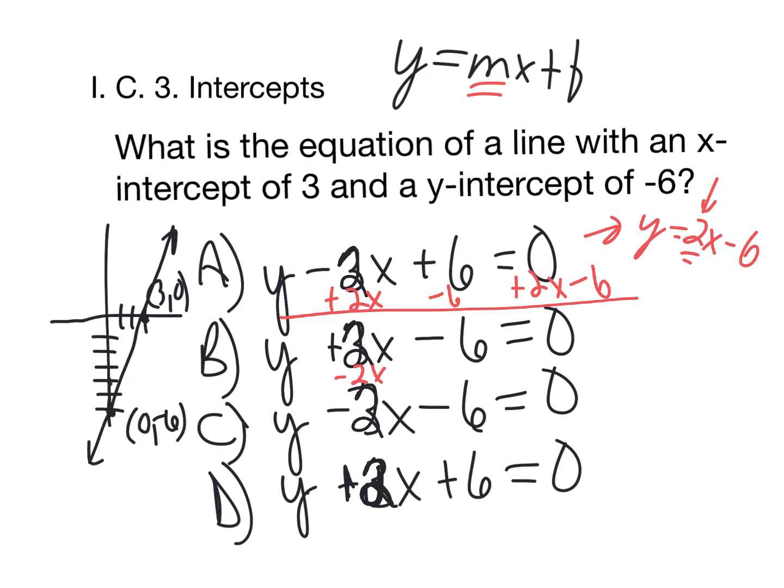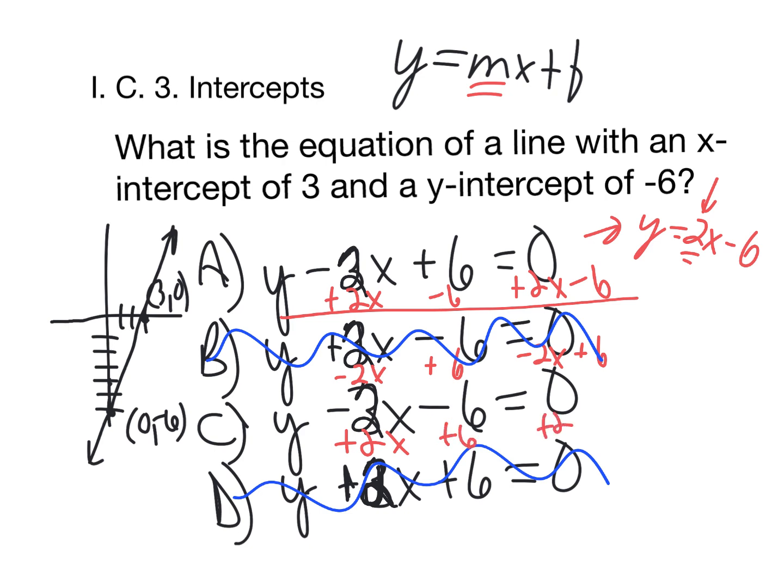On the second one, we'd be subtracting 2x, so our slope actually would be -2 for that one. So this does not have a positive slope, so that doesn't work. And so D would be the same thing. C would be the same idea as A. We would add 2x and add 6.